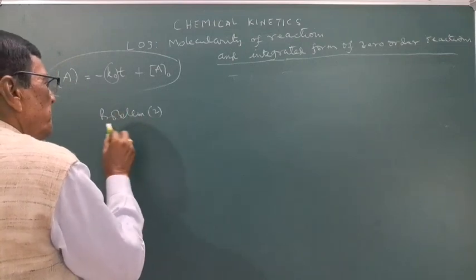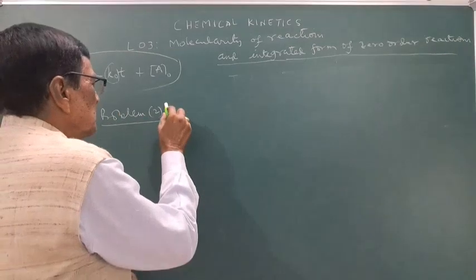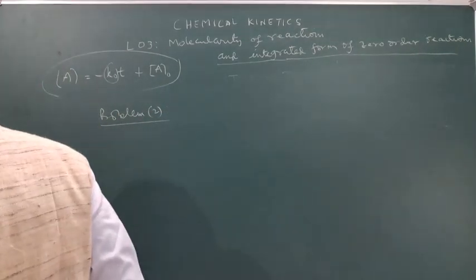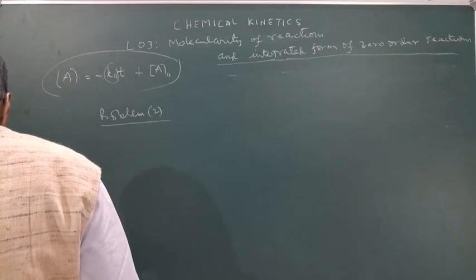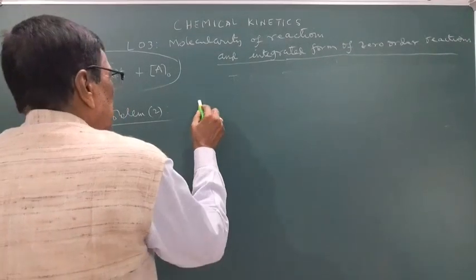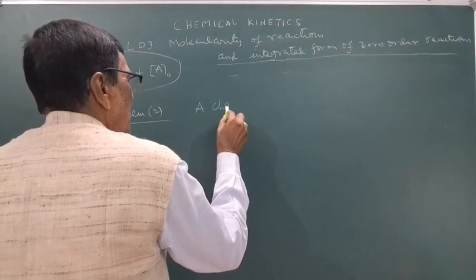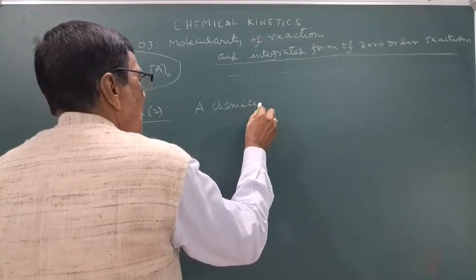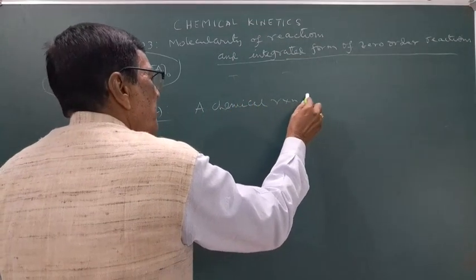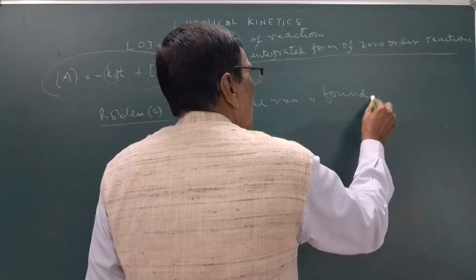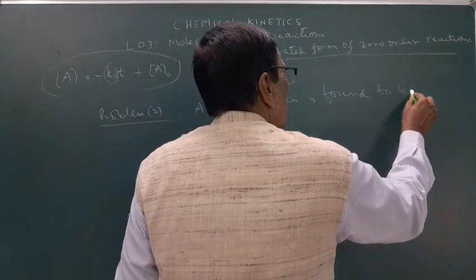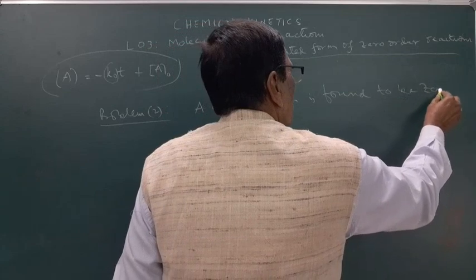Problem 2. A chemical reaction is found to be zero order kinetics.